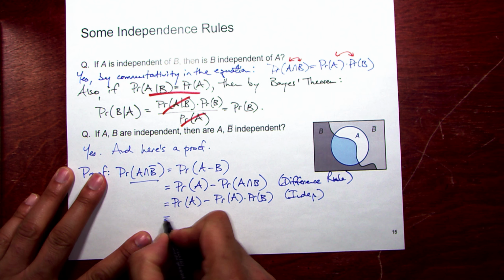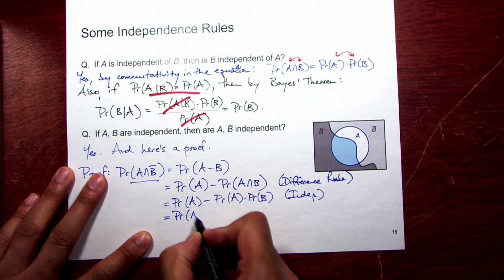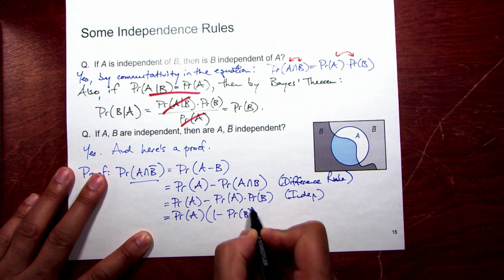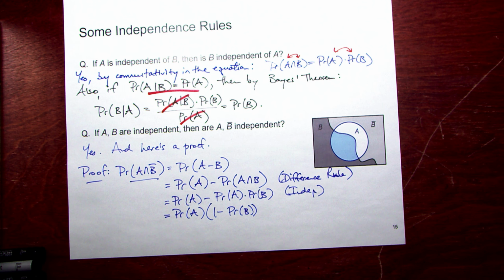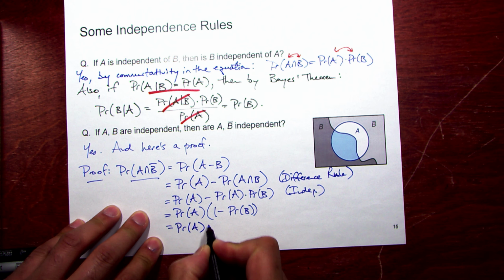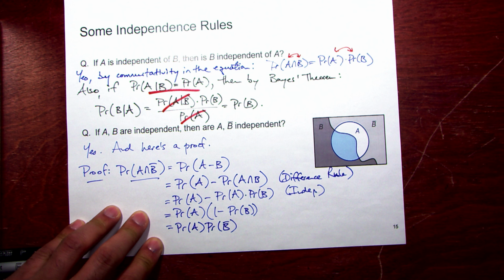Good. There's a common factor of probability of A to pull out here. And then? Sorry, yep. Guy in front. It's not a definition, there's a rule. What's the rule? You're right. Good instinct. There's a rule for this. What's the name of the rule? Complement rule.